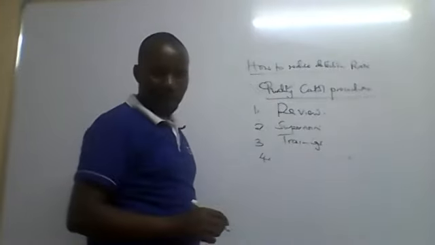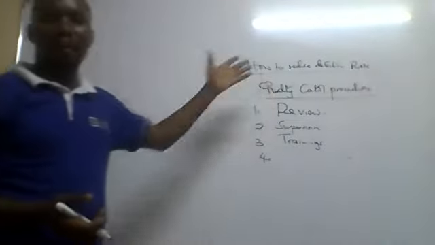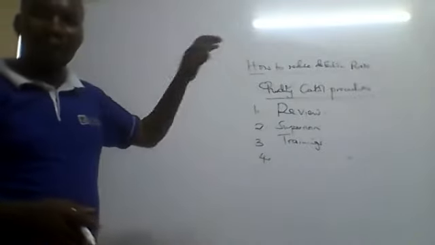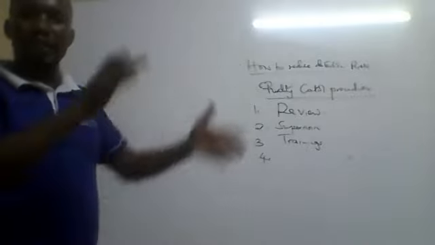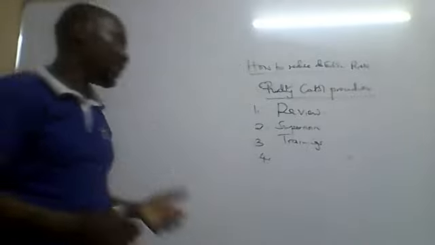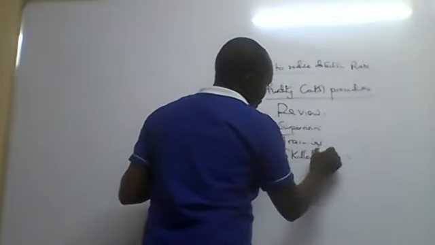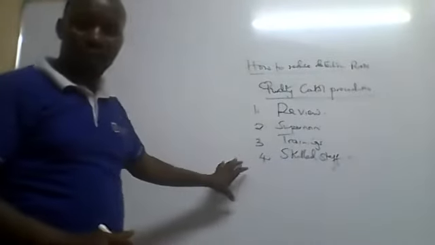Number four, what are some of the controls you think can be put in place to ensure quality at the firm level? They can ask you at the firm level, not at the client side. Employing skilled staff. This is where you need quality control on the audit report.